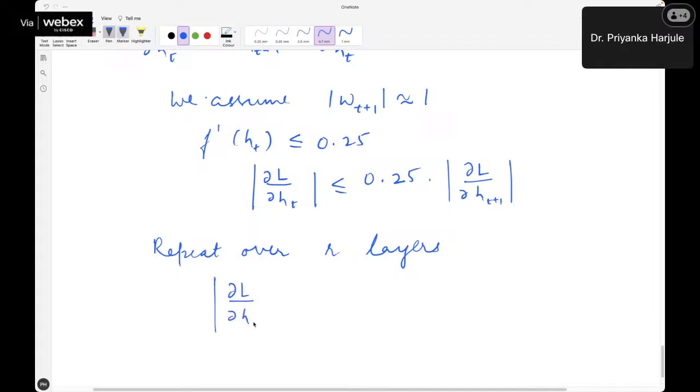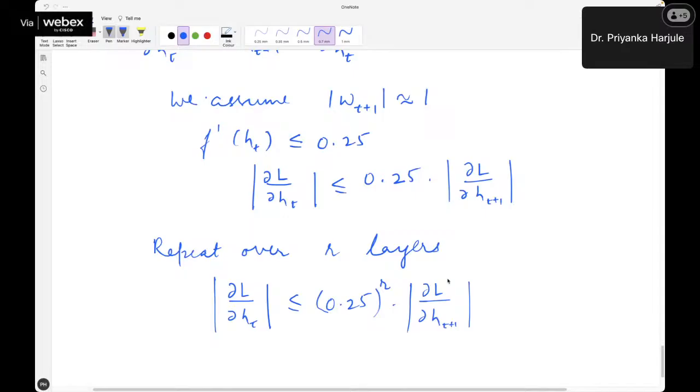Del L upon del Ht is less than or equal to 0.25 to the power r times del L upon del Ht plus 1. So you can see that the gradient is reduced to this term of its original size.